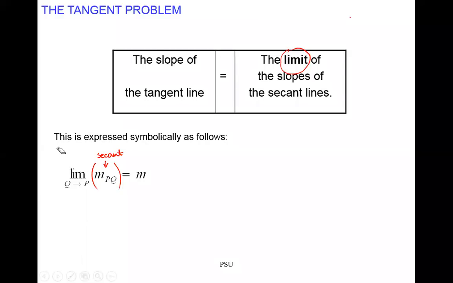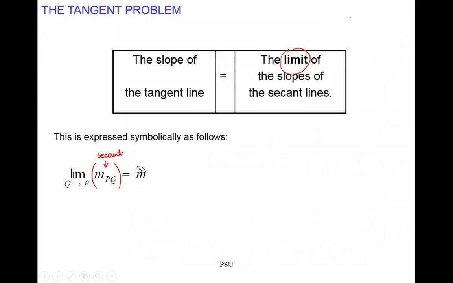Because we will use a lot of limit notation, please remember that underneath the limit, we always have to indicate what limiting position took place: that the point Q is approaching point P.